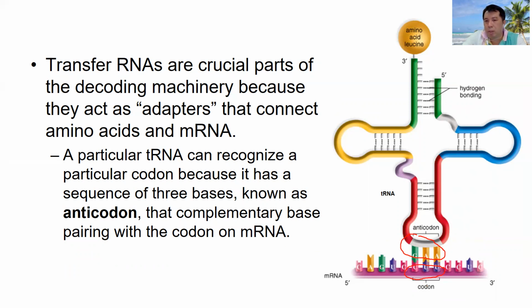They want to translate the genetic information on the mRNA to synthesize a polypeptide. So the anticodon is something like an adapter. A particular tRNA can recognize a particular codon because it has a sequence of 3 bases known as the anticodon, which is complementary base paired with the mRNA.